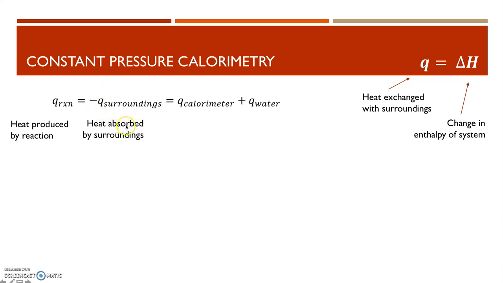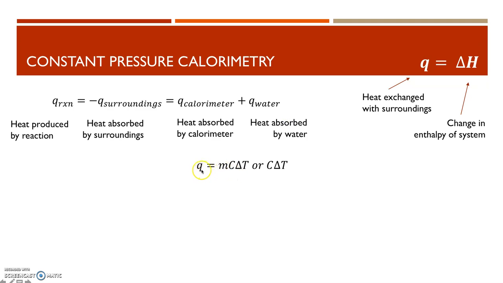Now the surroundings in our case are made up of two primary parts. We have the calorimeter, so the heat absorbed by the surroundings is broken into the heat absorbed by the calorimeter and the heat absorbed by the water. We can relate the heat absorbed to a temperature change using Q equals mc delta T. Here is the mass of the substance, the heat capacity of the substance, and the change in temperature.